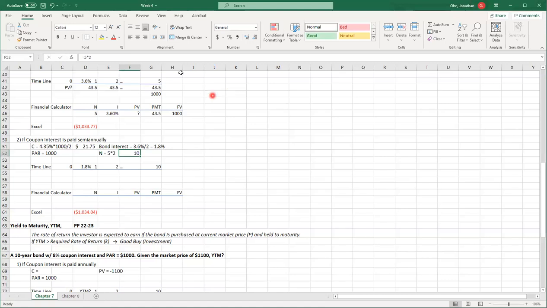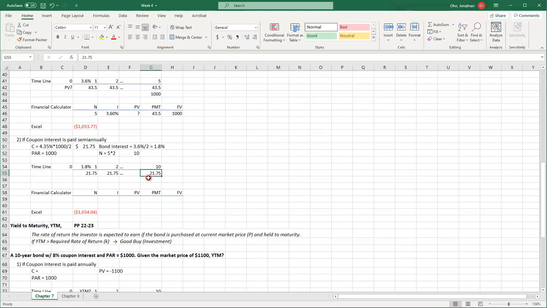Okay? Given all this information, the periodic interest rate is 1.8%. The total number of periods is 10, not 5, 10. And the coupon interest is $21.75 each period, so you will receive 10 times this $21.75.